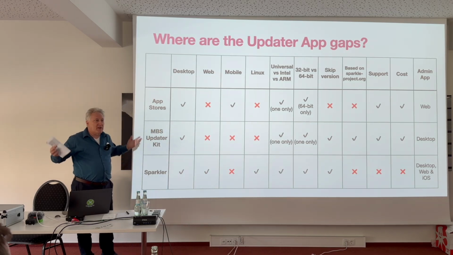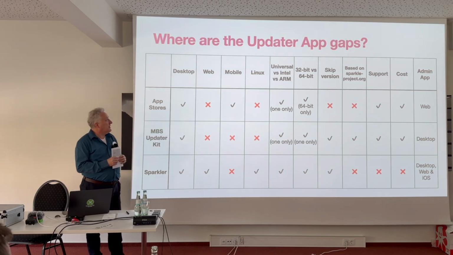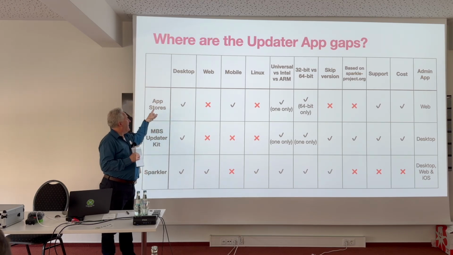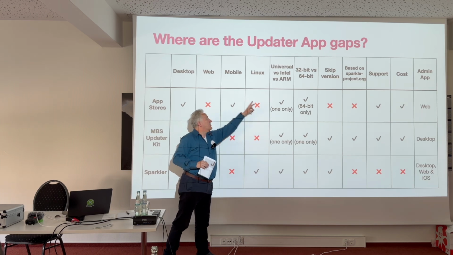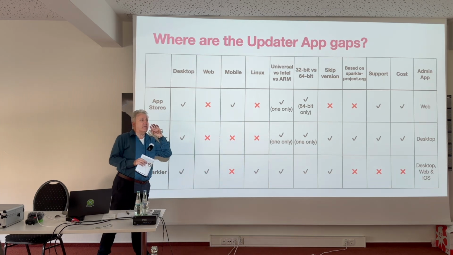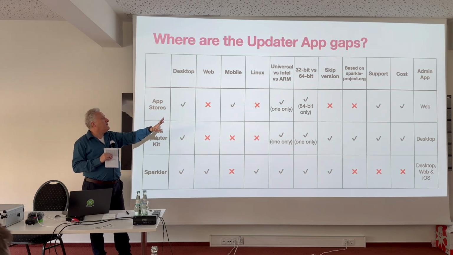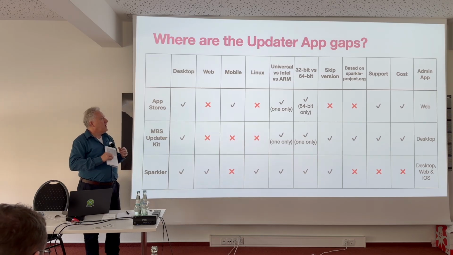The App Store can't take web apps, and typically they don't support Linux as well. If you do install an application on an App Store, usually you only get one choice. Either you can put the Universal version or the Intel version or the ARM version up there, but you only get one choice of those 3.